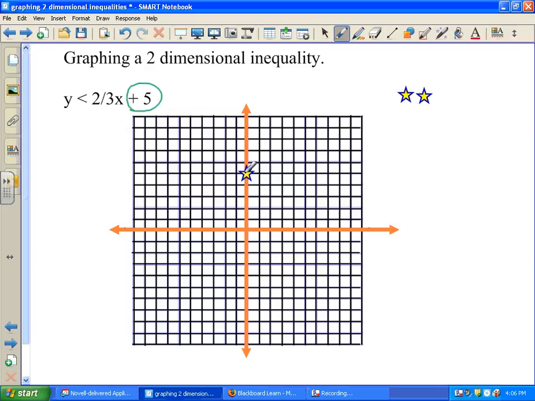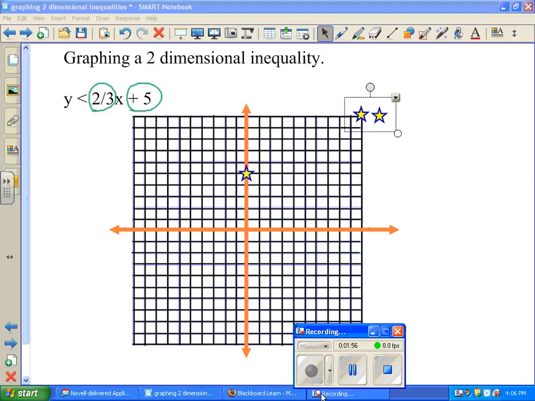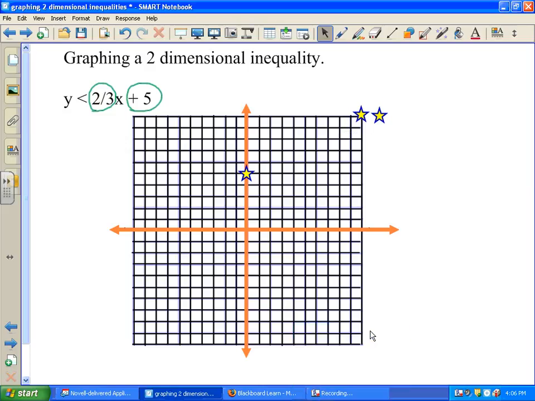The next thing that we do is we use the slope, which is the number next to the x, being multiplied by the x, and that tells us our rise and our run. Starting at the point that we just finished on the y-axis, we're going to go up 2 over 3, because 2 over 3 is the slope.